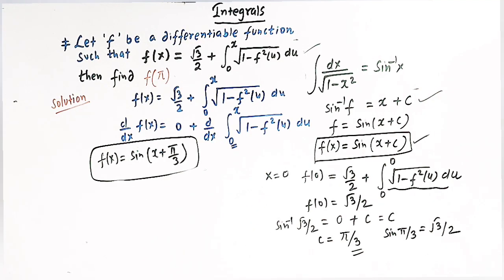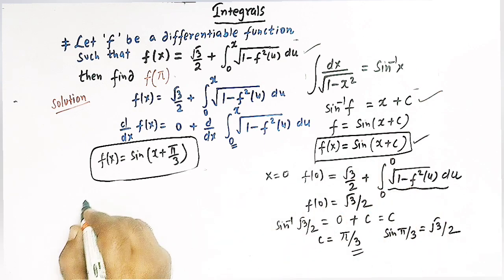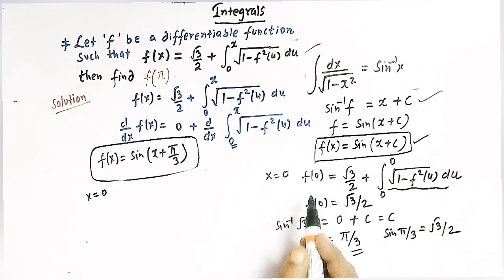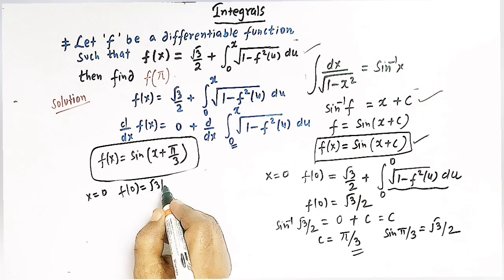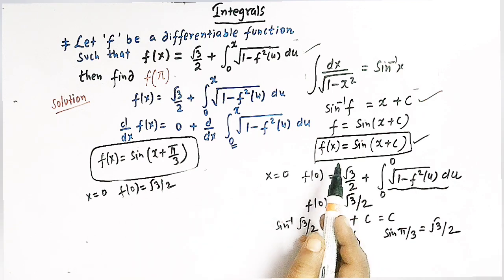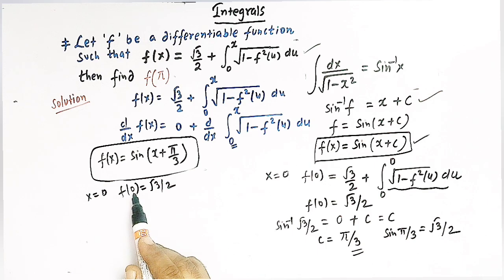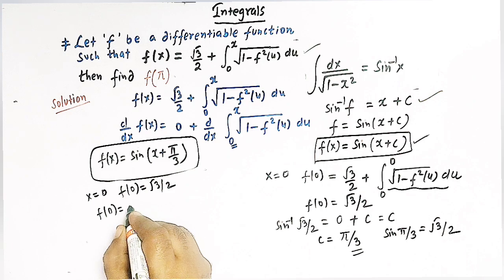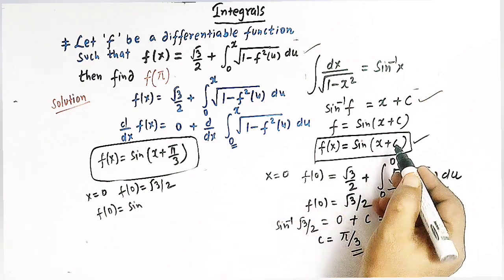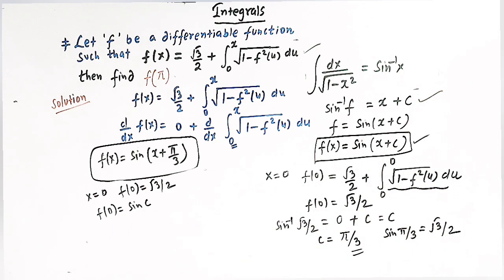Now here it is important to note that while calculating the value of the constant of integration c, we have taken x is equal to 0, and f of 0 is equal to square root of 3 over 2. If we take x is equal to 0 in this equation, then we have f of 0 is equal to sine of 0 plus c, that is simply equal to sine c, and f of 0 is root 3 over 2.